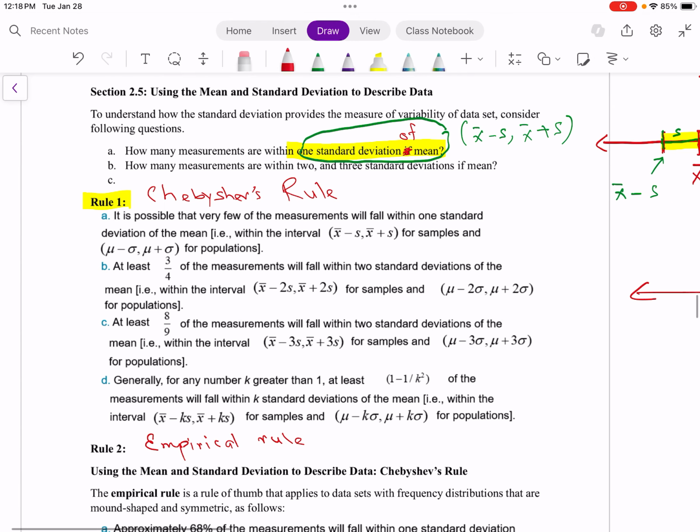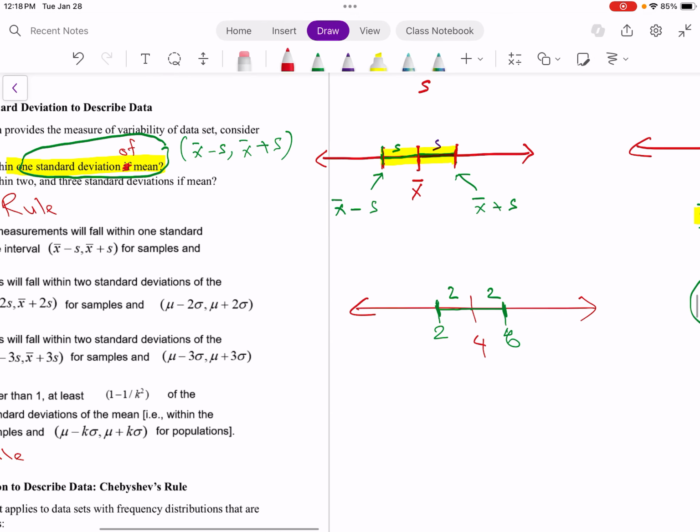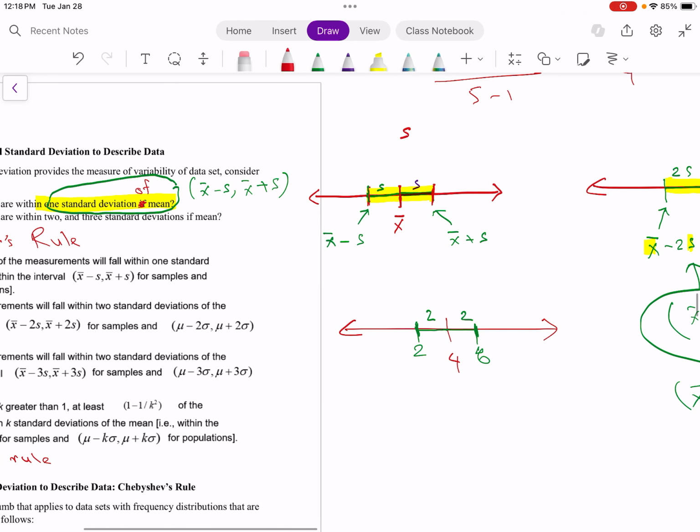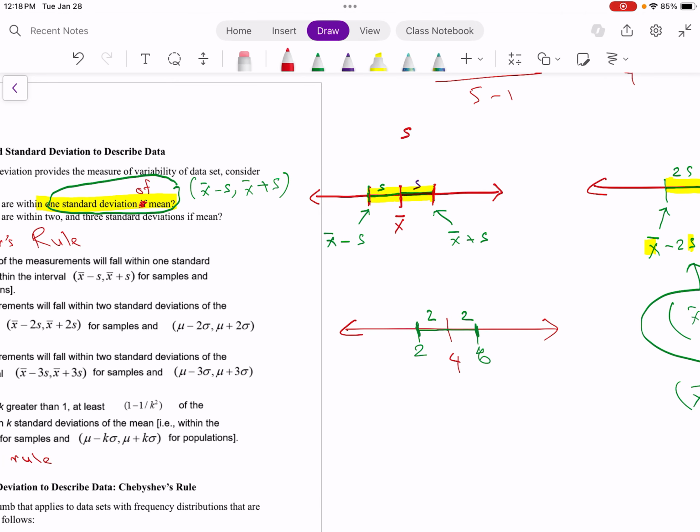Before we start, does anyone have any question about 1 standard deviation of the mean, 2 standard deviations of the mean, 3 standard deviations of the mean? In a similar way, what would be 2 standard deviations of a median?